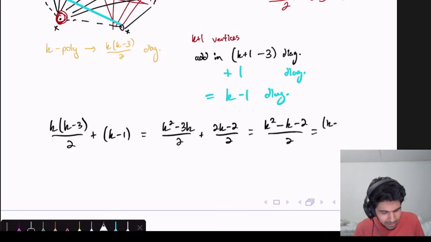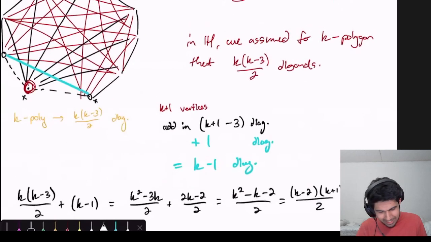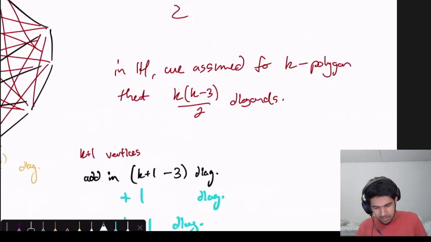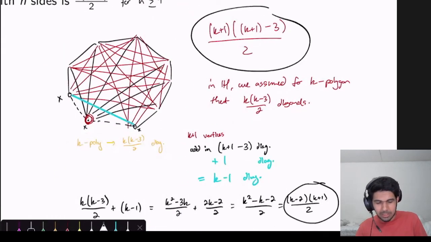That's k minus 2 times k plus 1 over 2. Does that make sense? Yes, it does. Because this right here is equivalent to this. This k plus 1 corresponds to this. k plus 1 minus 3 is equal to k minus 2.